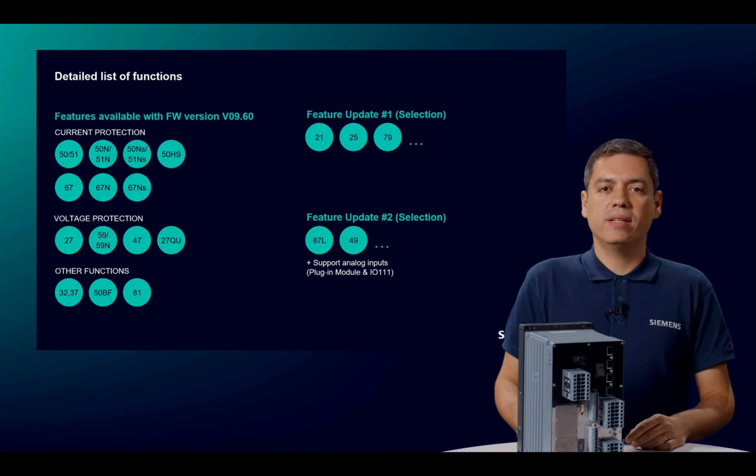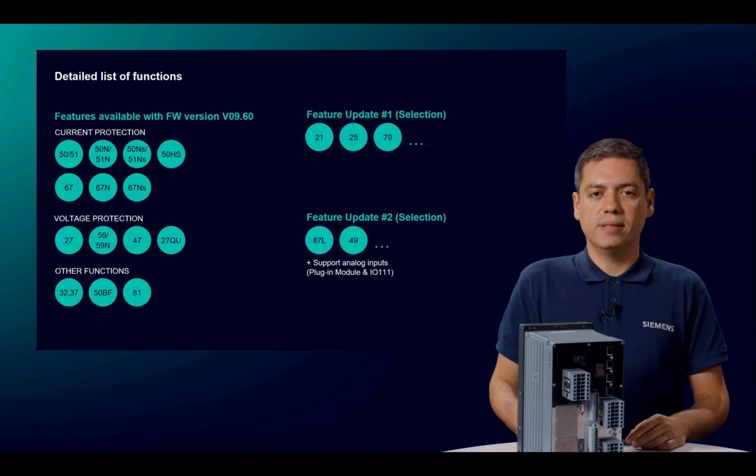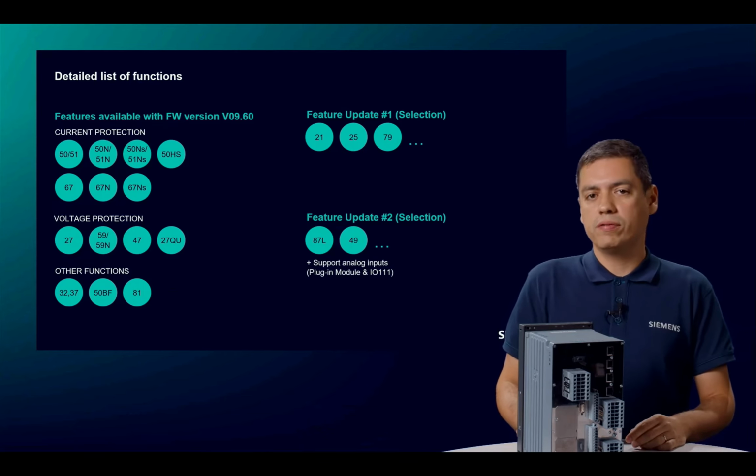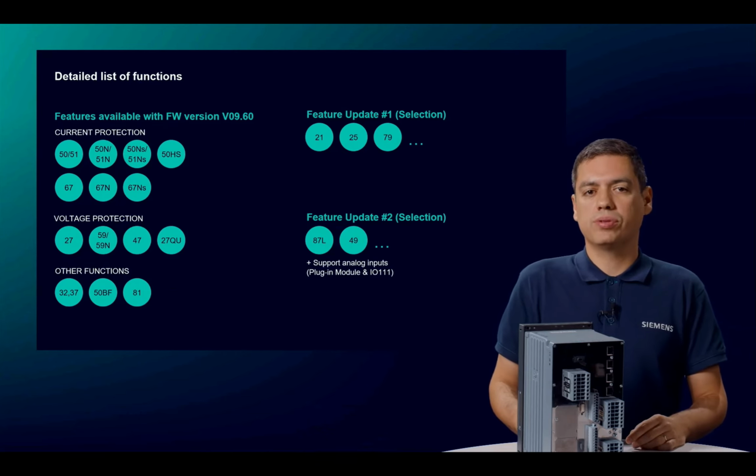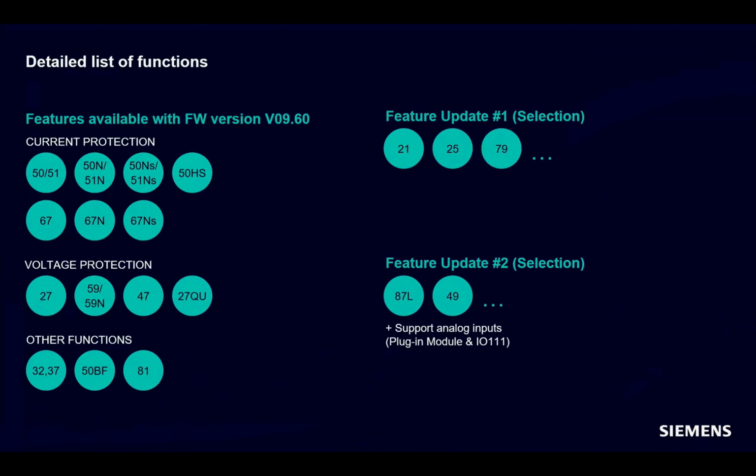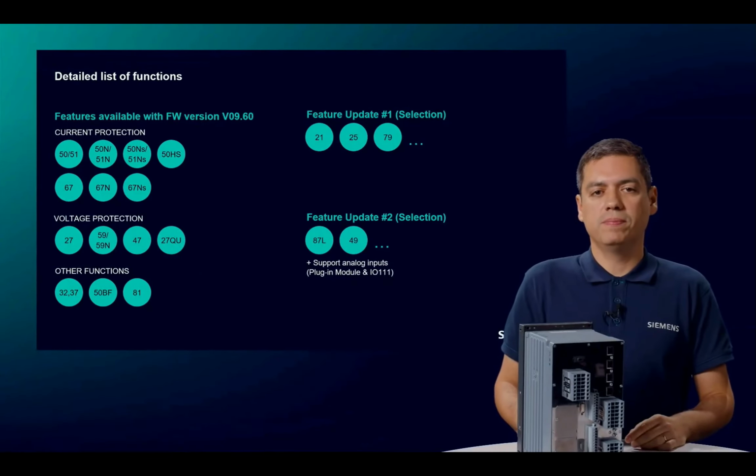With version 9.60, the non-directional and directional functions for phase and earth faults were released. Voltage and frequency protection, power directional protection, breaker failure protection, as well as KU protection are also available. In addition, other functions not explicitly mentioned here are available.